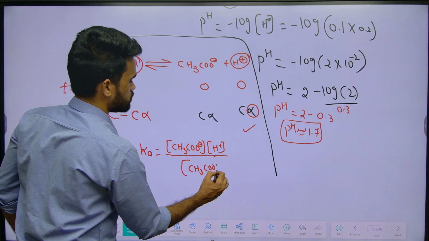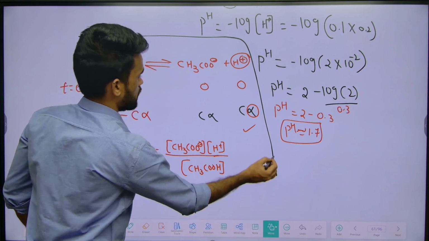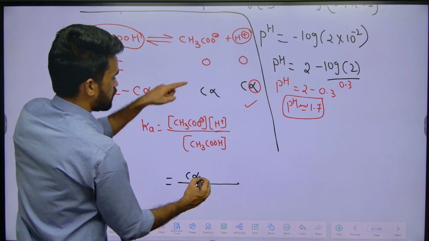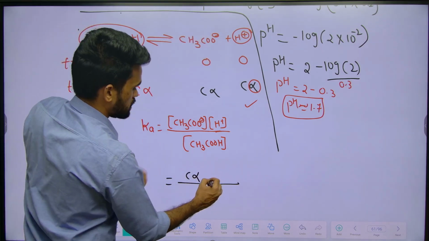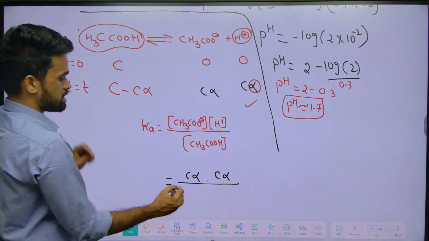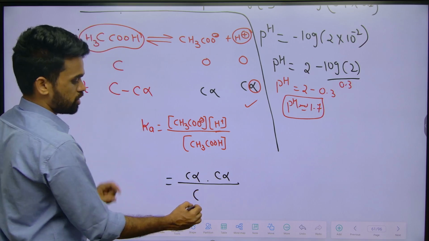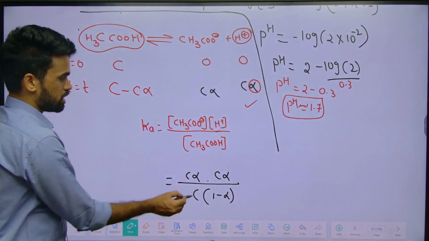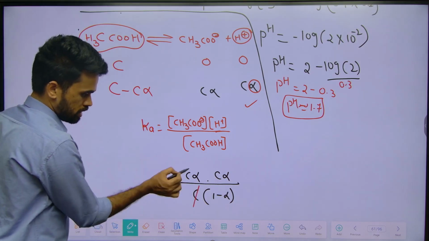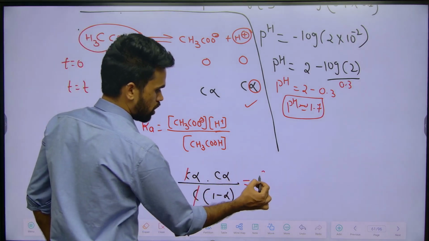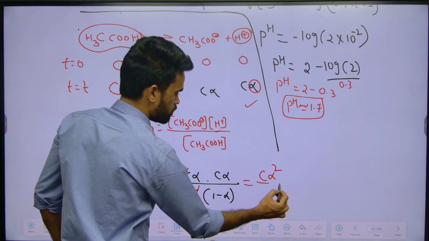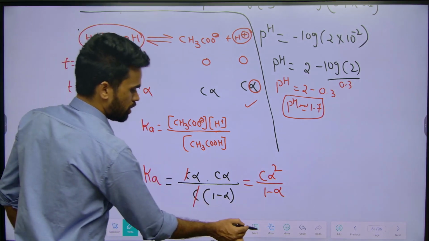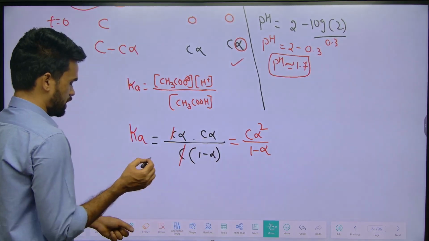Acetate ion has C alpha, H plus also has C alpha, and acetic acid has C minus C alpha. I am writing it as 1 minus alpha multiplied with C, because C is taken as common. So C is removed, and finally we get C alpha square by 1 minus alpha. This is the value of the acid dissociation constant Ka.